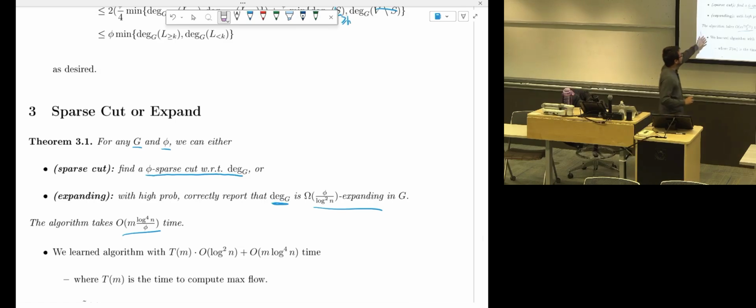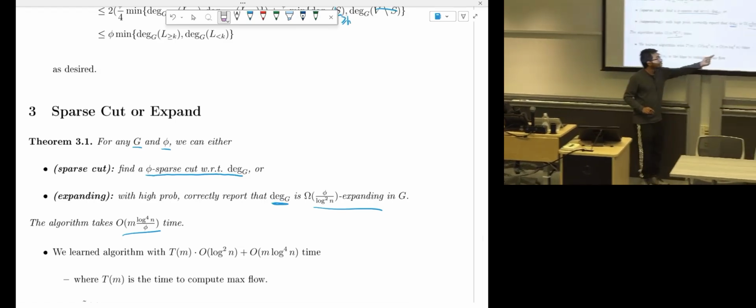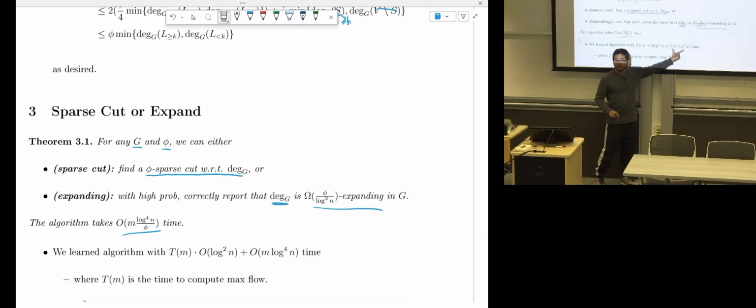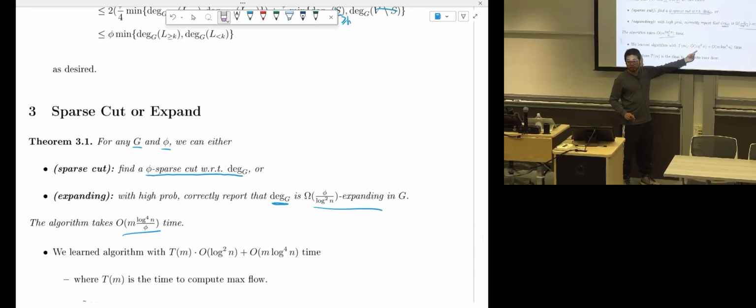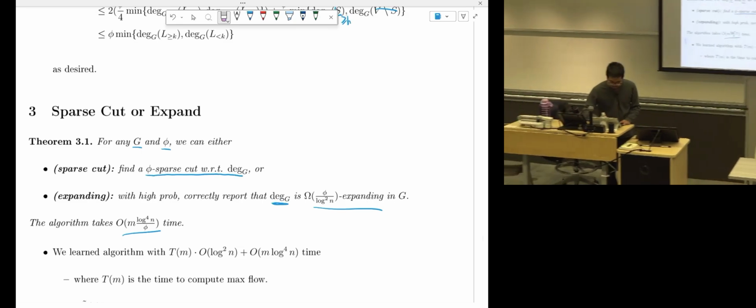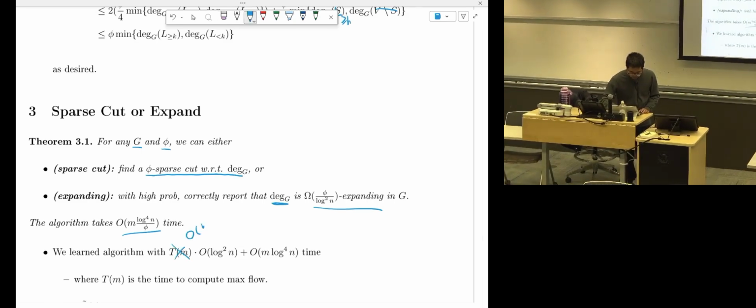We learned how to solve this before using the cut matching game, where the running time is the time for the cut player, and we call max flow this many times. Now we're just going to replace the max flow call with the algorithm that we just learned, the sparse cut or mesh.